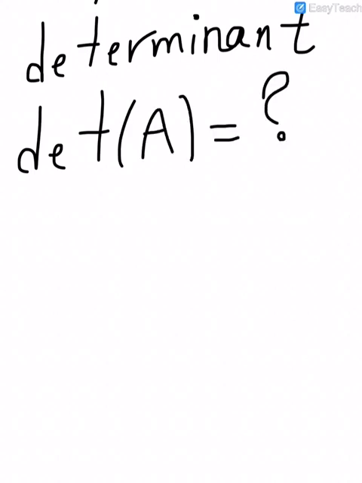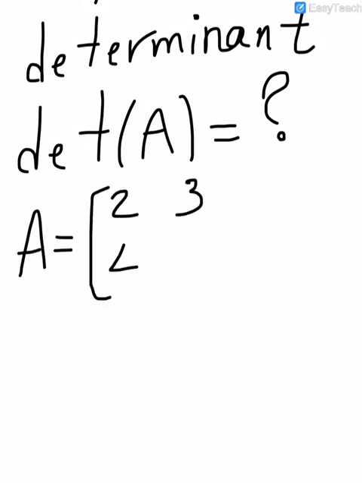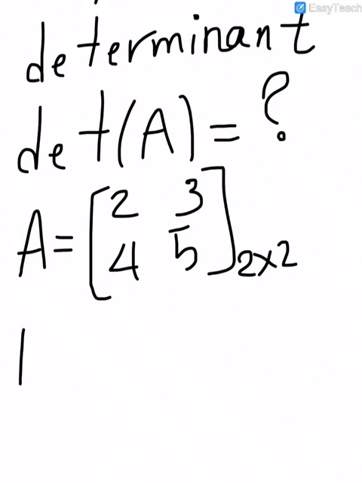I explain it with an example. Let's say that the matrix A is a 2 by 2 matrix: 2, 3, 4, 5. And now we want to know what the determinant of A is. It's simple.